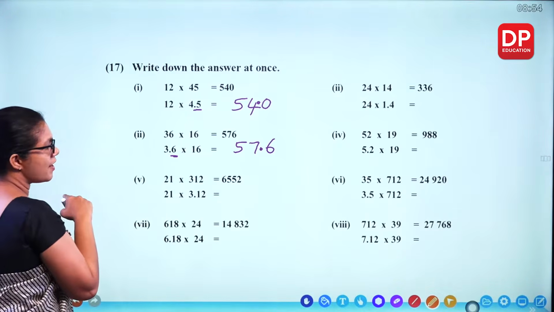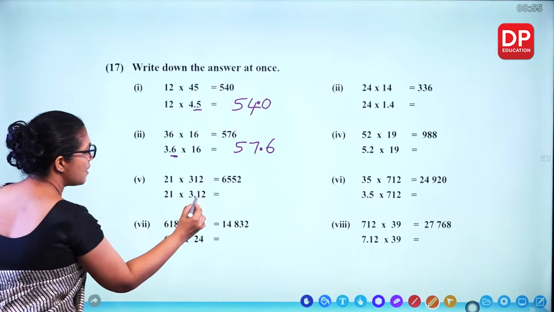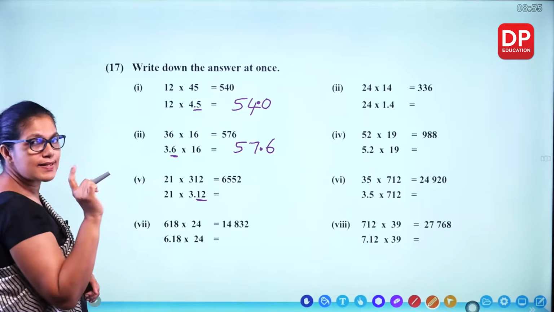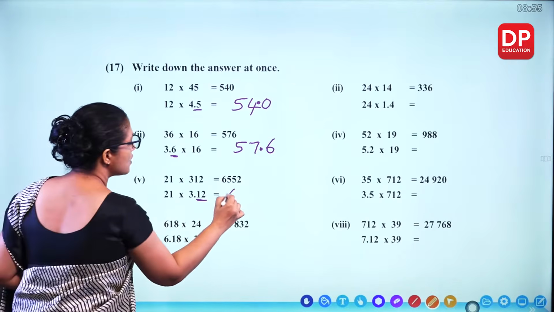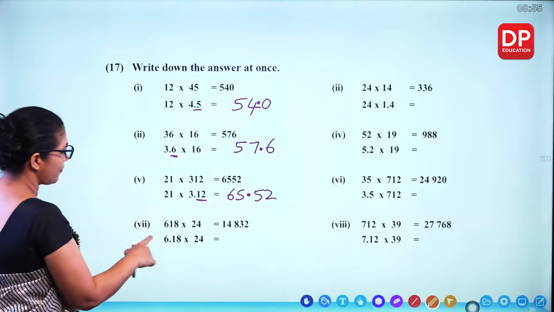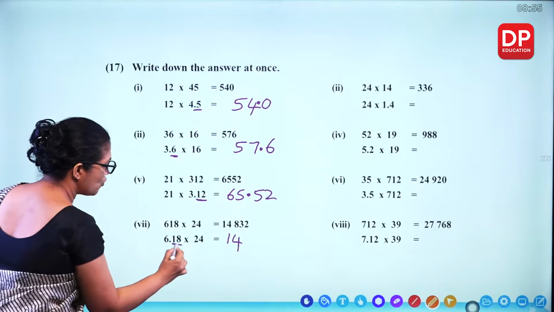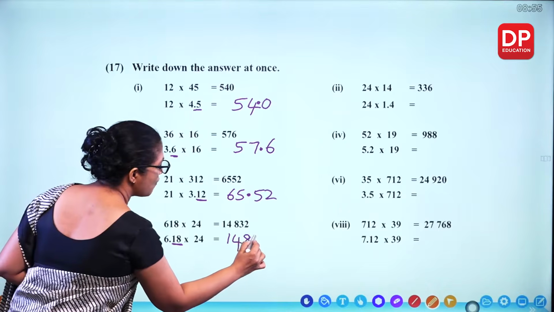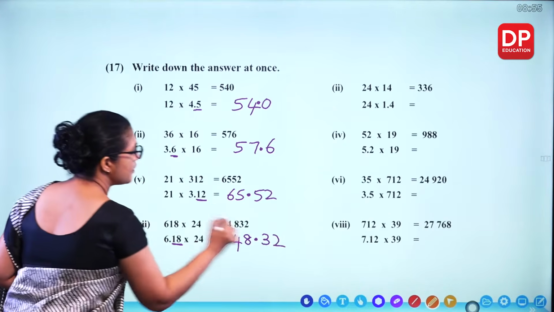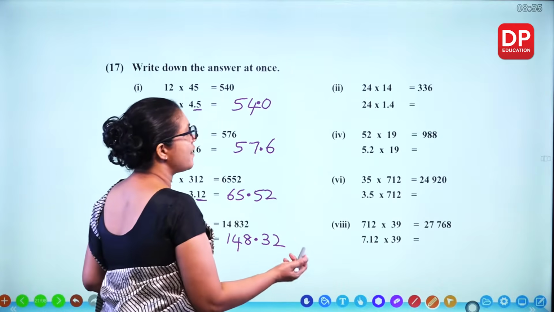21 times 312 is 6552. If this is 3.12 means two places you have to keep. So 65.52. This one same answer, but you have to keep two places. 148.32. 24 times 14, 336.